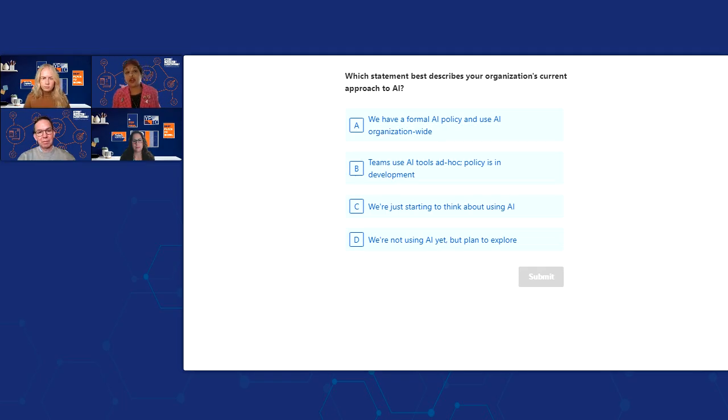But also, if you're looking for more data security organization-wide, if you are a Microsoft shop, use the enterprise-wide license for Copilot, or if you're a Google shop, use the enterprise-wide license for Gemini, and that can also be really helpful.